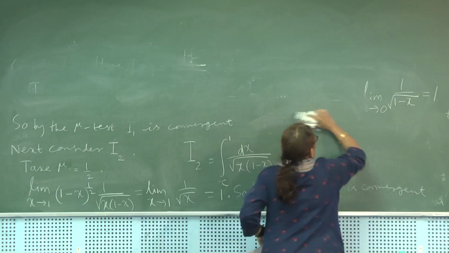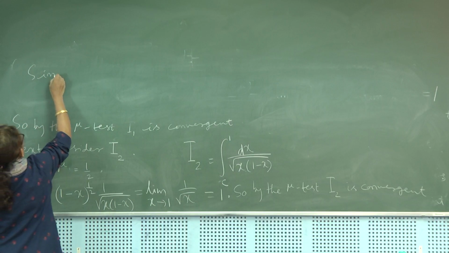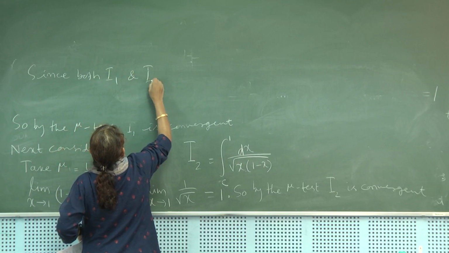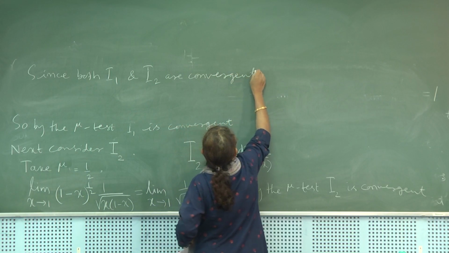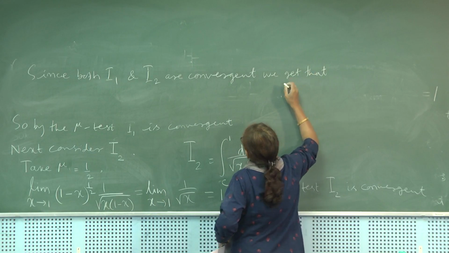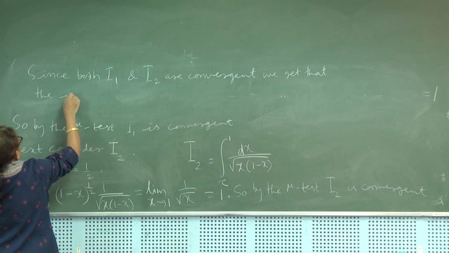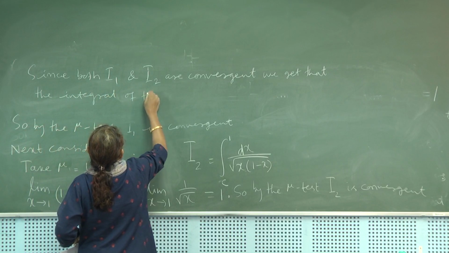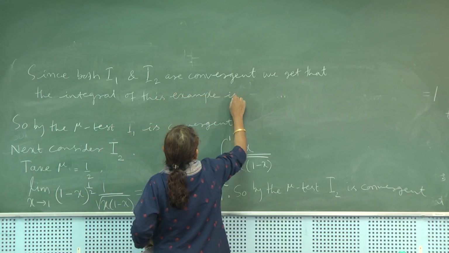So, this is our conclusion here: since both I1 and I2 are convergent, we get that the integral given in the example is also convergent.